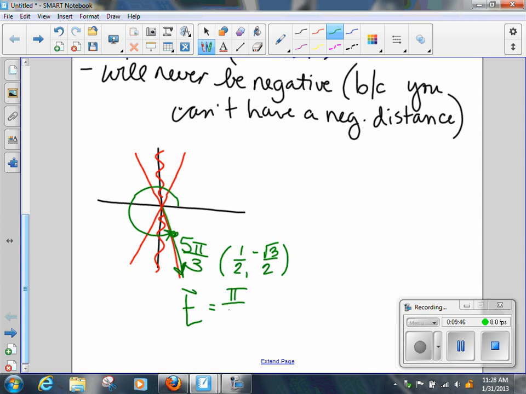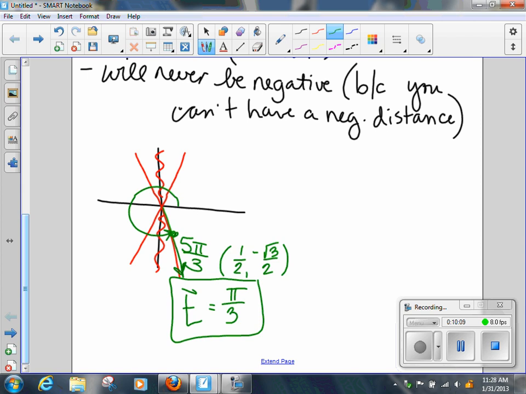So our T-bar, our reference angle, is pi over 3. Does this make sense? Questions at all? It's the shortest distance to the x-axis. It will always have the same denominator. Yes, ma'am. Very good question.